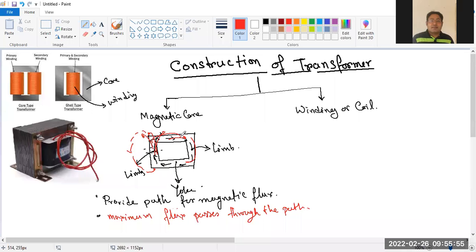So we have to provide a highly permeable material. Which type of material is this? This is high grade silicon steel. Just remember, this magnetic path or magnetic core is made of high grade silicon steel.